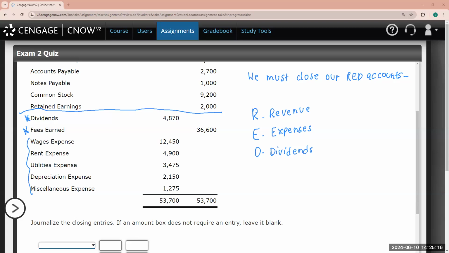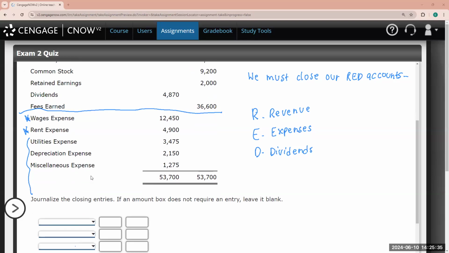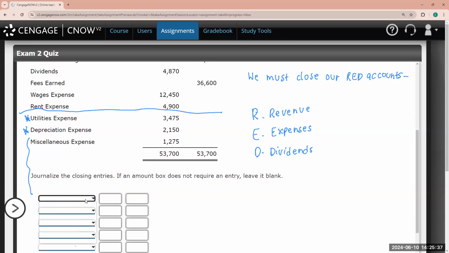So here we see the first part of the entry. We need to determine, okay, we're recording these entries. Here we have the dividends. So we can generalize the entry and we can essentially first start off with our revenue and expenses. So we see here our fees earned, which generally has a credit balance.